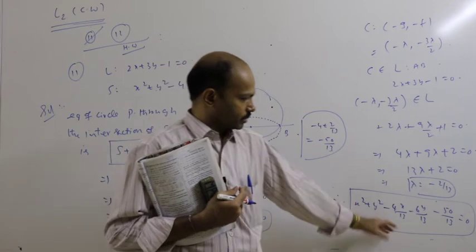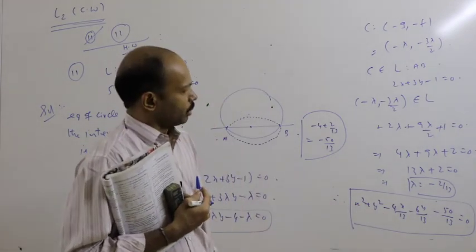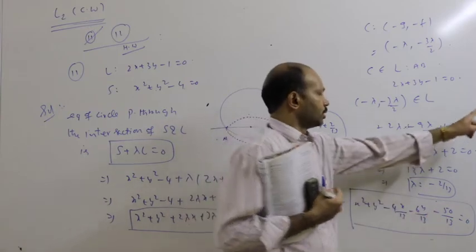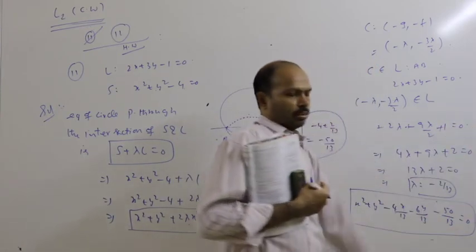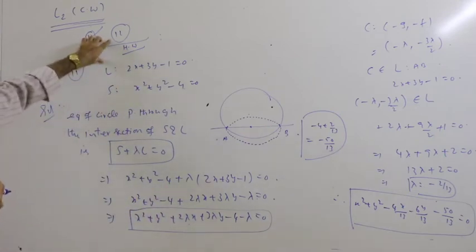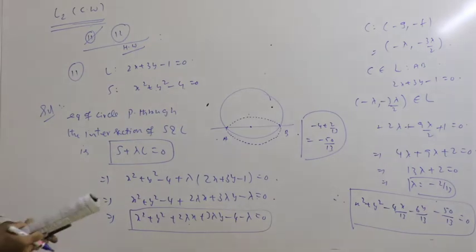This is the equation of the circle with values, but he is not asking for this completely, only the constant. The value of the constant is minus 50 by 13. And note that you have to do exactly the same model yourself, this 12th question, as your homework. Coming to the next problem.